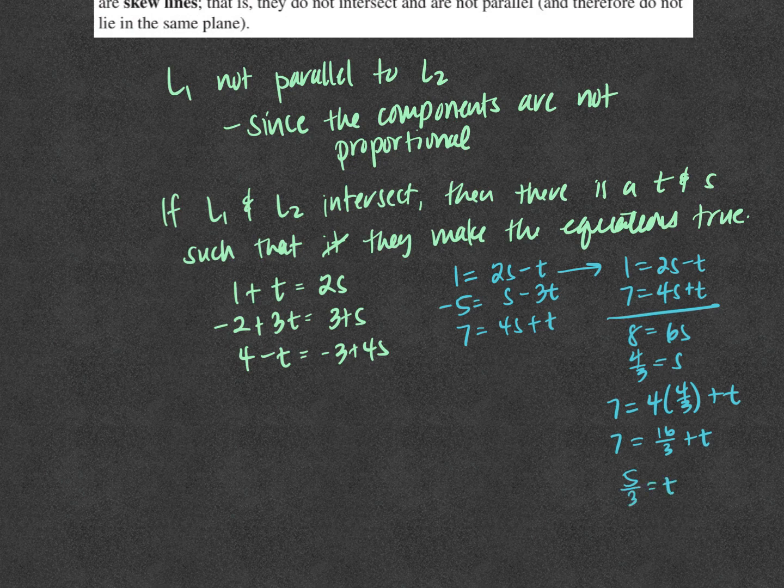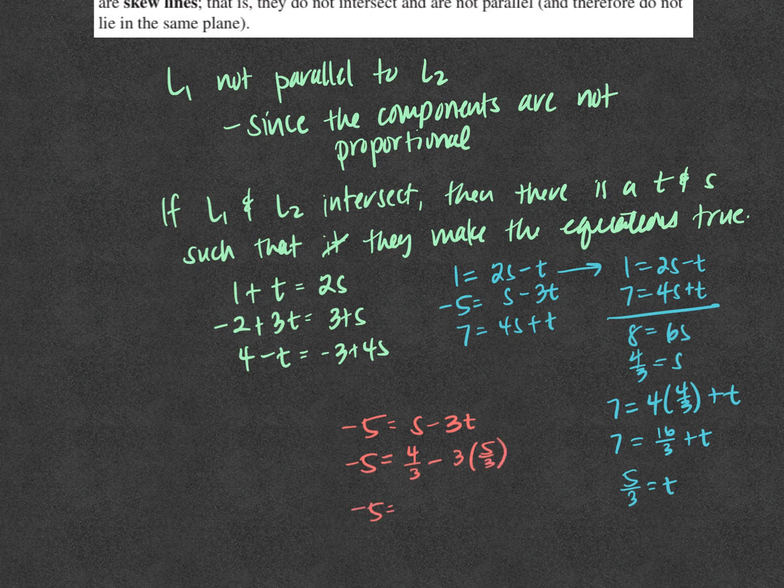So if these lines intersect, we can plug this value of s and t into all of the equations and it should work. We haven't used the middle one yet. So let's pick up the middle equation, which says negative 5 equals s minus 3t. So negative 5 equals s, which is 4 over 3, minus 3 times 5 over 3.